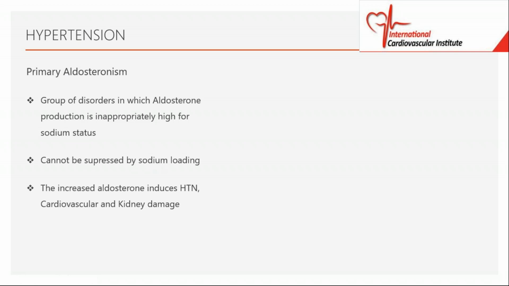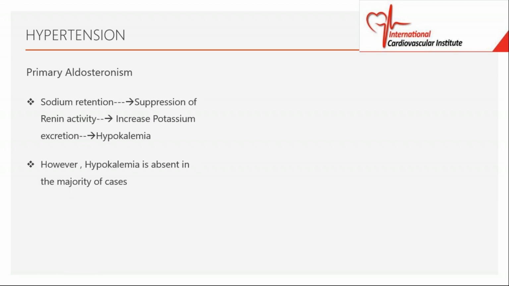You can't do that with these patients who have aldosteronism, because the secretion of the aldosterone is not dependent on any outside influence. So the increased aldosterone gives rise to the hypertension, and the hypertension will cause cardiovascular and kidney damage. So it's necessary for you to make the diagnosis and then treat these patients appropriately.